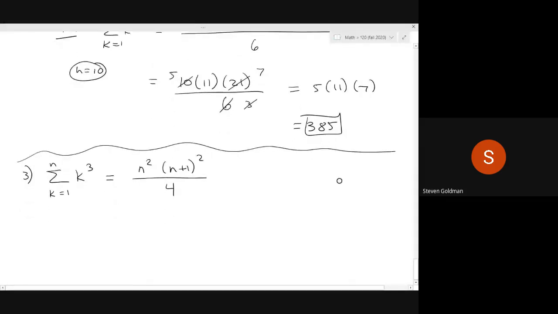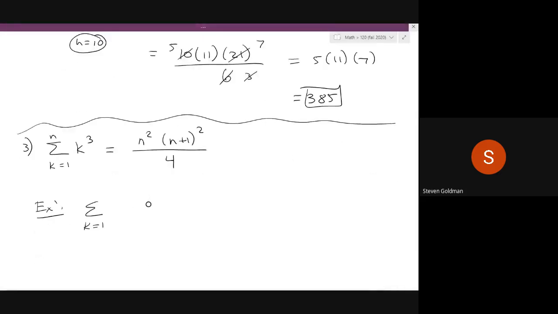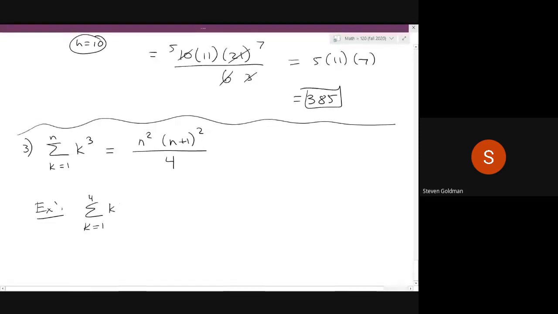All right, so if I asked you, what is the sum from k equals 1 to 4 of k cubed?